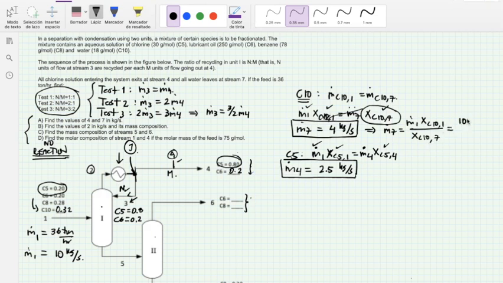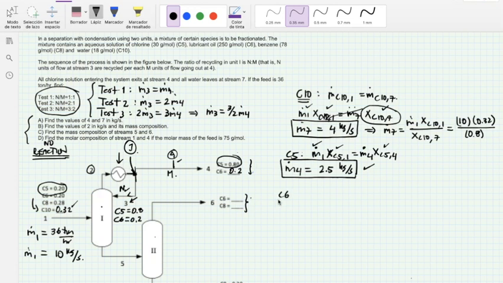Putting all the numbers, it is 10 times X C10 at 1, which is 0.32, and this one over here is 0.8, because I put this 0.8 right from the start. So hopefully this gives me the 4 kilograms that I'm looking for. And that's how I got it, and also how I got this other mass flow.